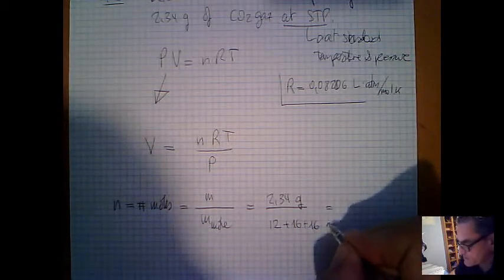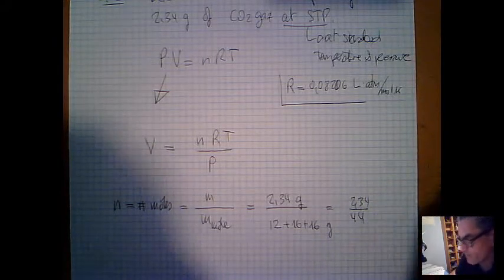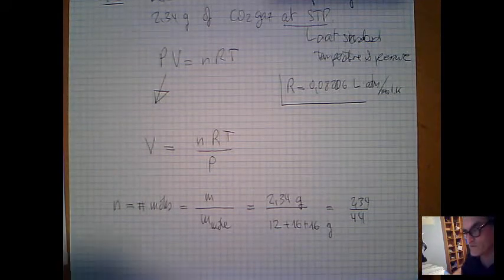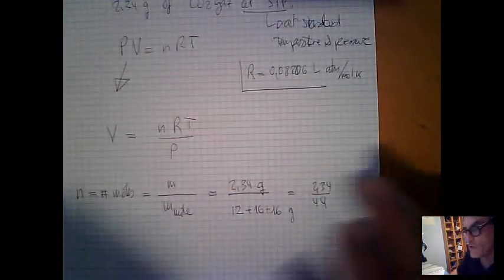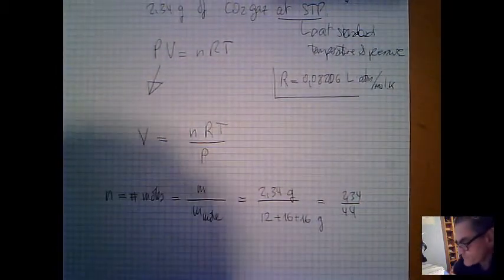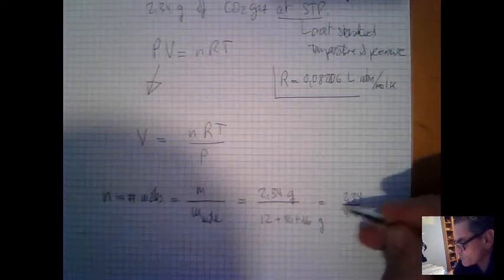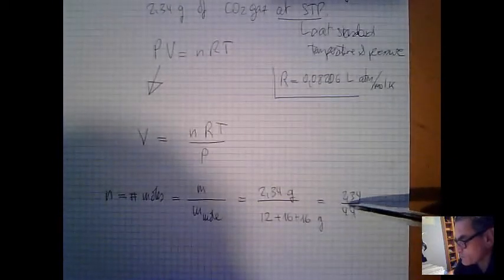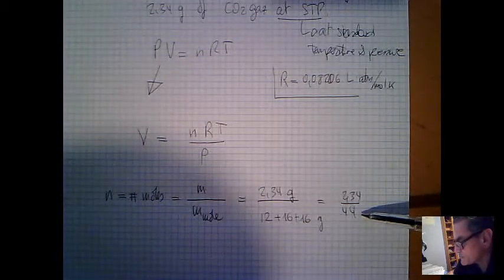So this is 2.34 over 44 grams. You understand how this works? The mole is the quantity of molecules corresponding to the Avogadro number. And the weight of such a quantity is given by the molecular weight in units of atomic mass expressed in grams.